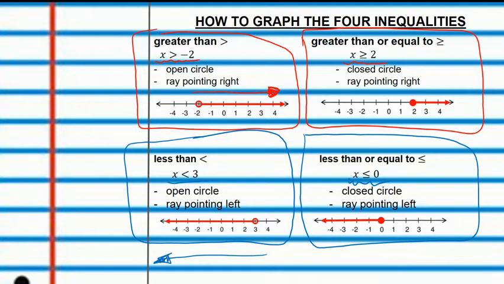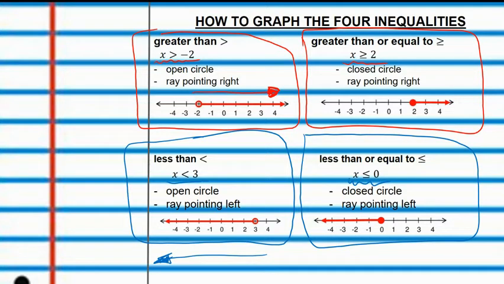We have a ray pointing to the left. Less than has an open circle. Less than or equal to has a closed circle. Closed circles say that we include the value in the inequality. Open circles say that we cannot include the values in the circle.